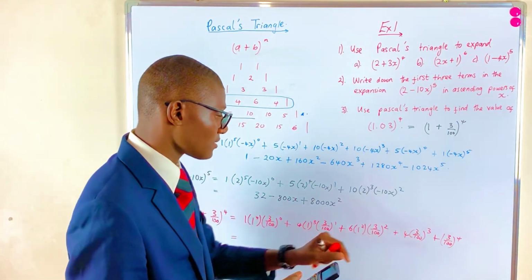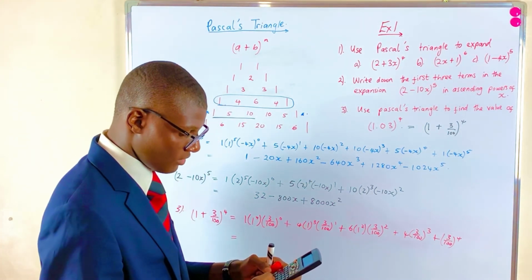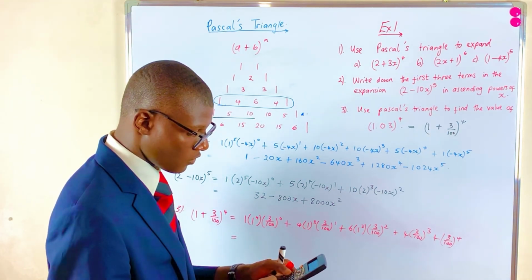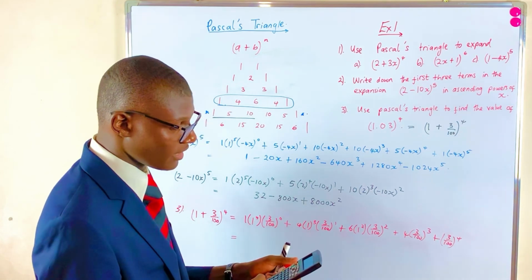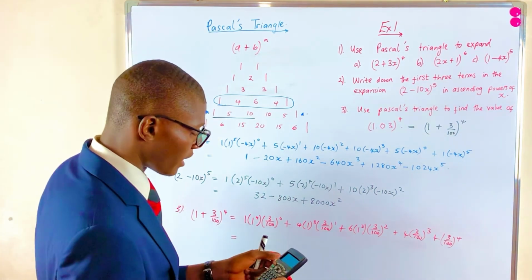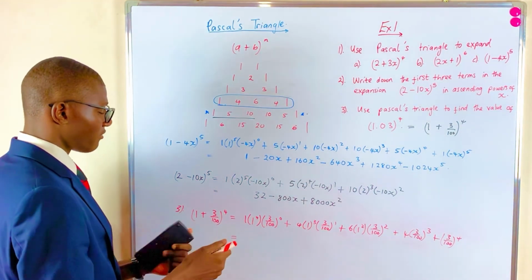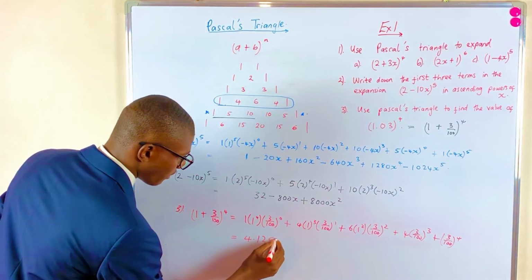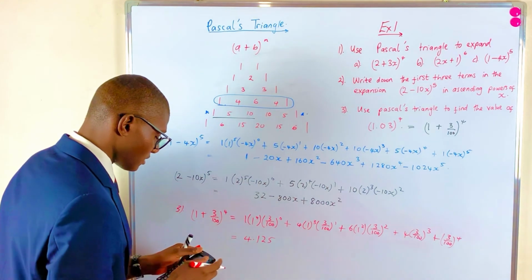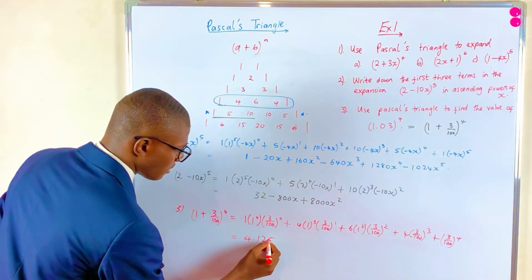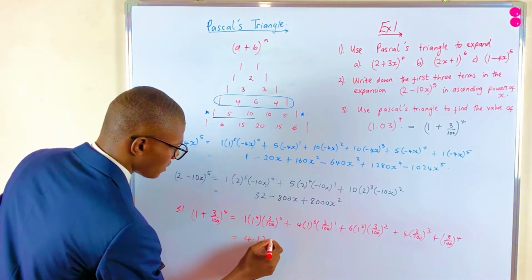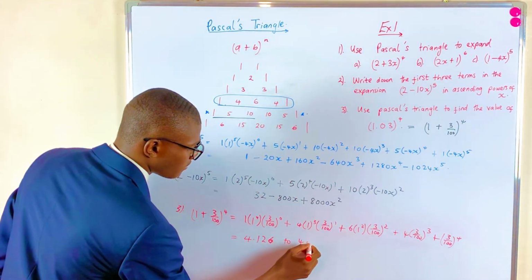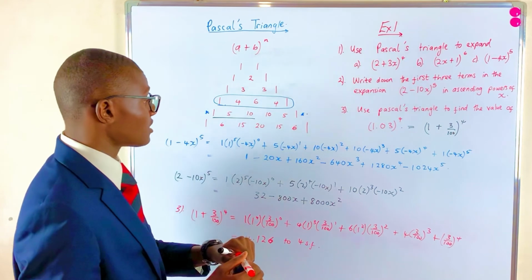And then plus 3 over 100 raised to the power of 4, right? So we get a value of 4.125. In actual fact, 4.126, to 4 significant figures. So to 4 significant figures, this is the answer that we get.